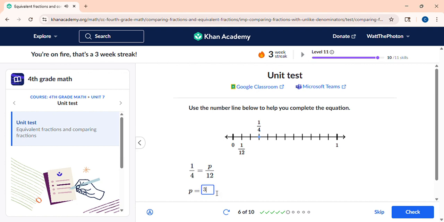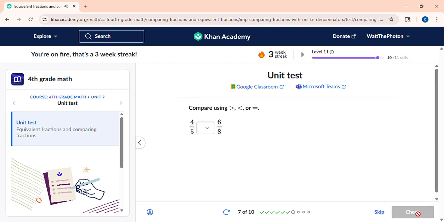4, 3. P equals 3. There we go. 0.8. 0.8 versus, what is it, 1.25 times 6. So 3/4.